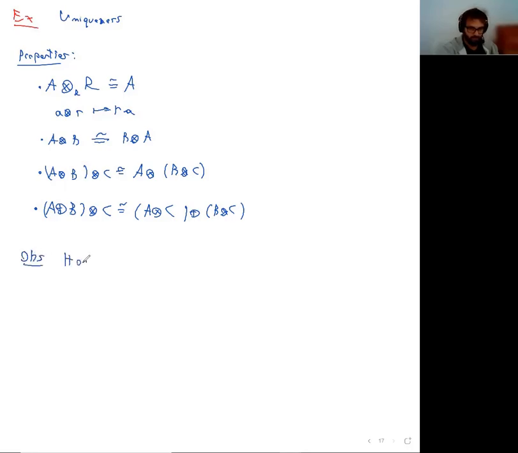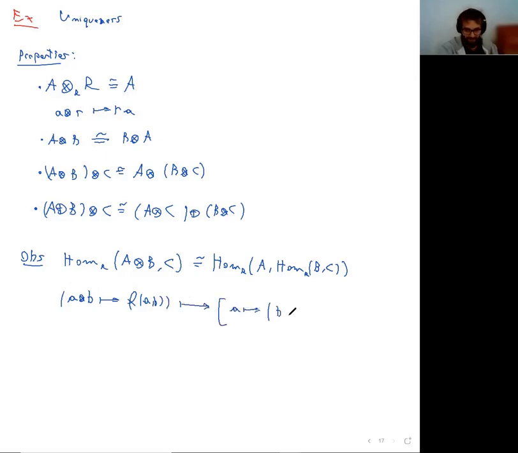One last observation is that the homomorphisms from A tensor B into C, so this is all bilinear maps from A plus B into C, is isomorphic to homomorphisms from A into the homomorphisms from B to C. So basically you take a map, which is like A tensor B goes to F of AB, and you send it to a map which takes A and sends it to the map that takes B and sends it to FAB.